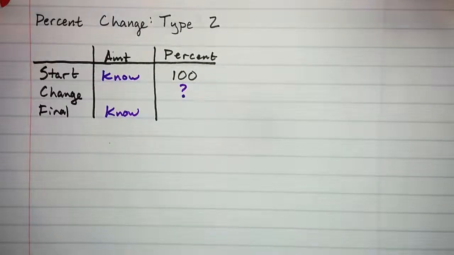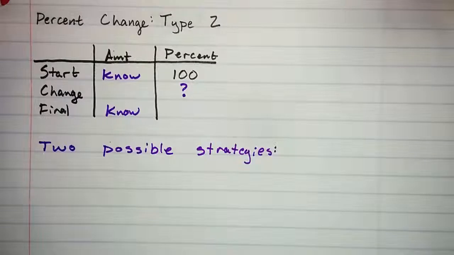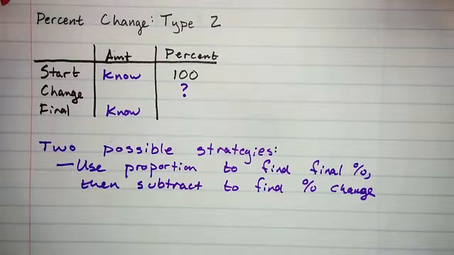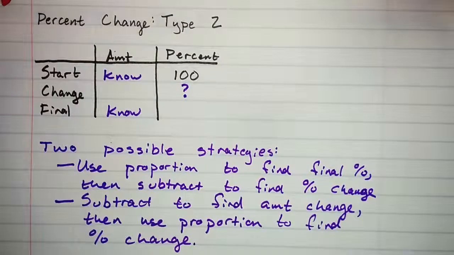Now, there are two possible strategies that we could conceivably follow in this case. We could use a proportion to find the final percent, then subtract to find the percent change. Or we could subtract to find the amount change, and then use a proportion to find the percent change.